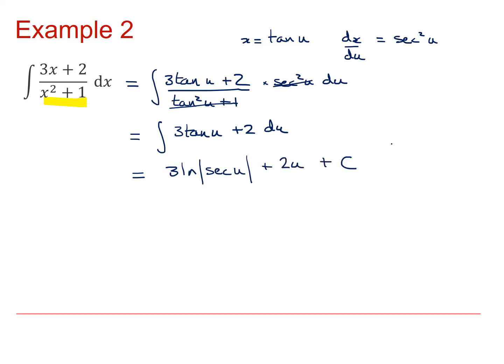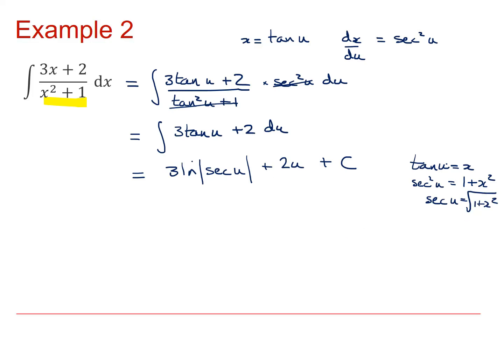I know from my substitution up here that tan u is equal to x. So I can write that sec squared u, which I know is 1 plus tan squared, is equal to 1 plus x squared, and so sec u is equal to the square root of 1 plus x squared.